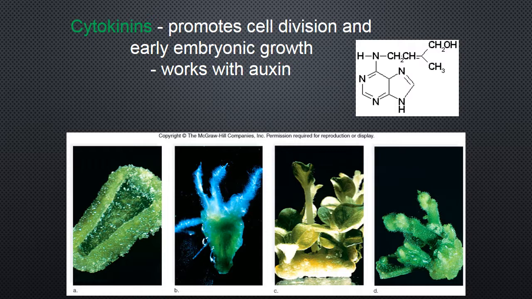So, for instance, if you have just a mass of plant tissue, which I have done before, and then you look at the auxin to cytokinin ratio, depending on that ratio, you can take that undifferentiated plant cell mass and cause it to grow either roots or stems. So that's how plant tissue culture is controlled.